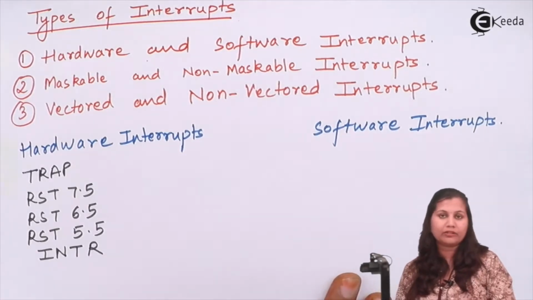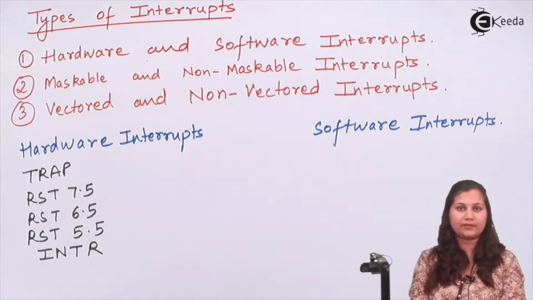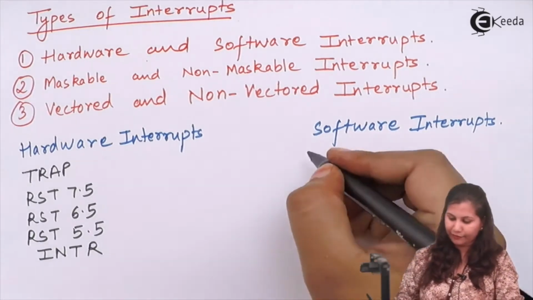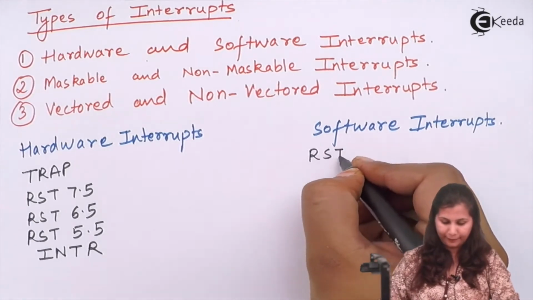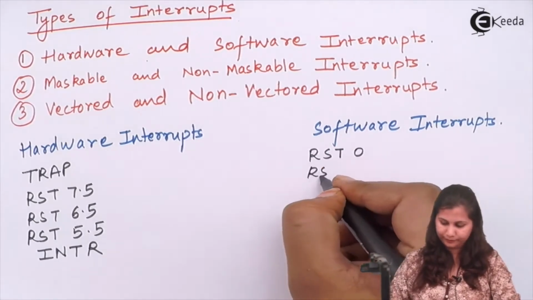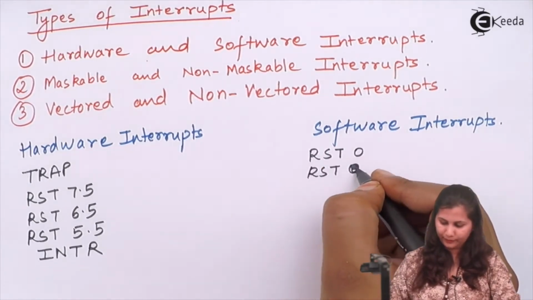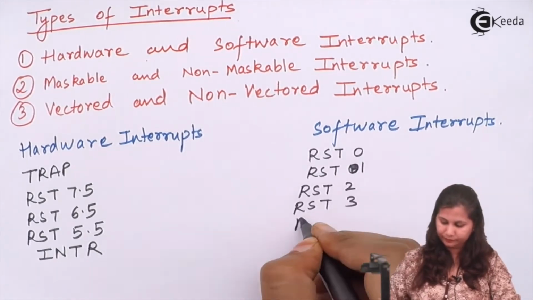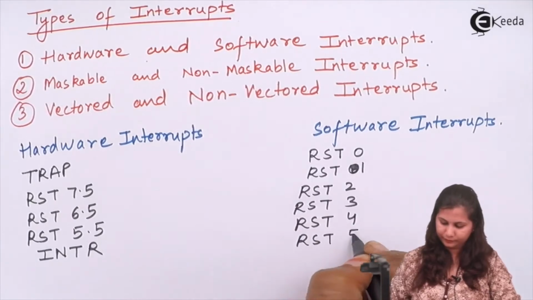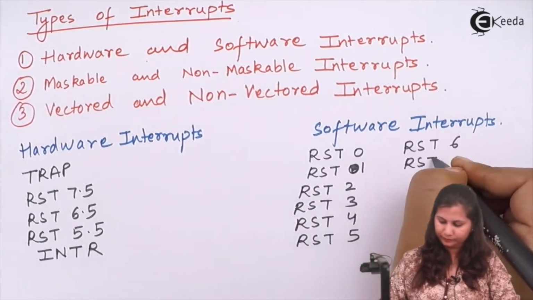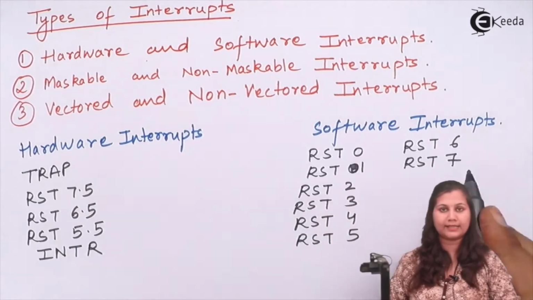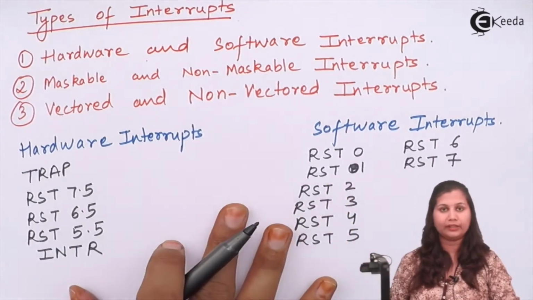Now software interrupts, these are the instructions which are written directly in the program, and we have RST 0, RST 1, and so on, starting from RST 0 to RST 7, as the software interrupts.